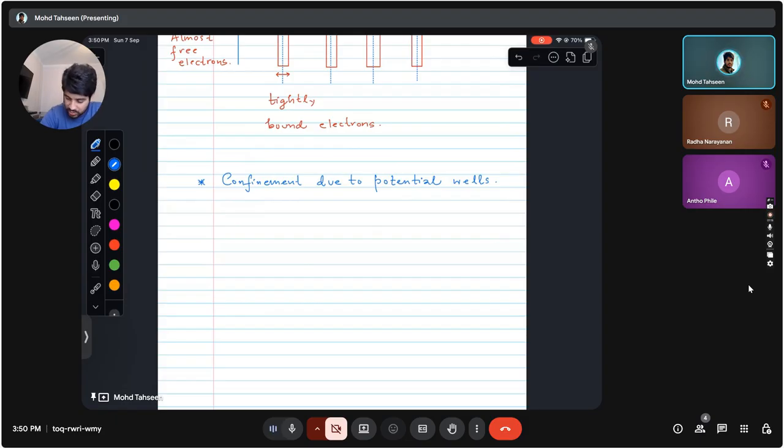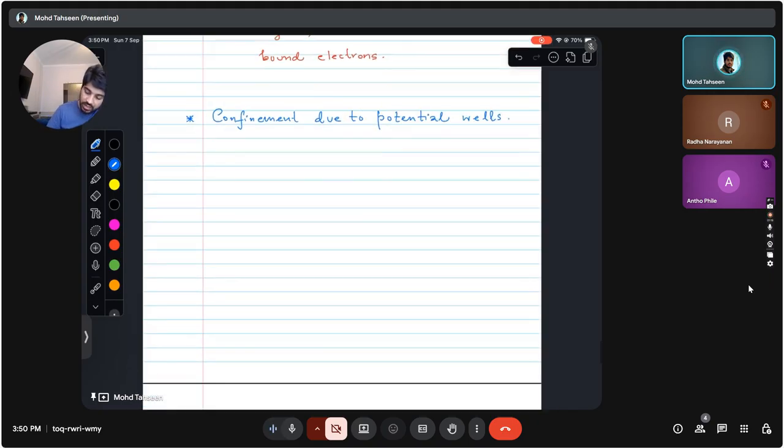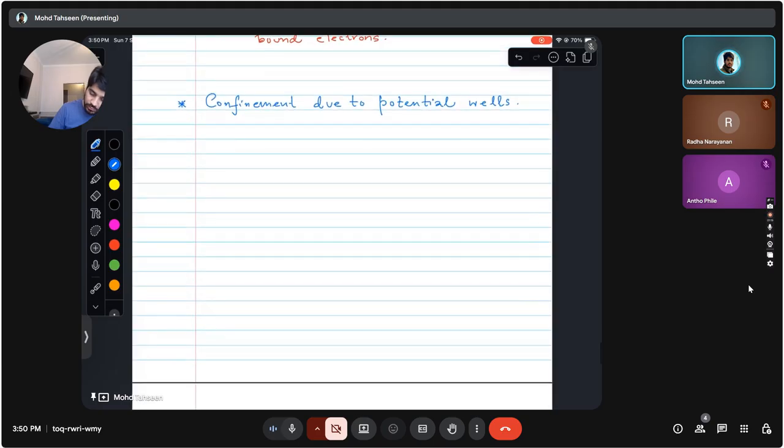Okay, that is one. Now the second thing, which we have not done yet but I am about to show you, is that this confinement leads to quantization of energy.